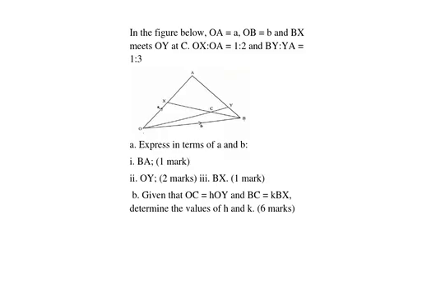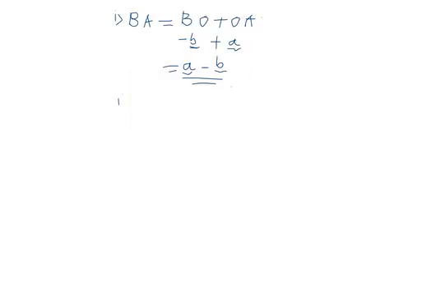Roman 2, we are expressing in terms of vector A and B, OY. So we have OY, which will be given by the route OB plus BY.